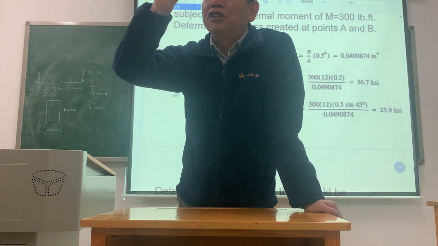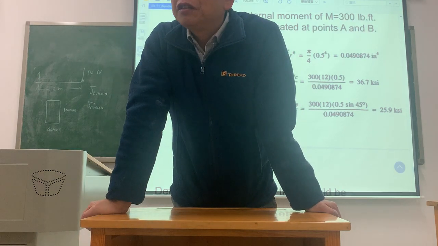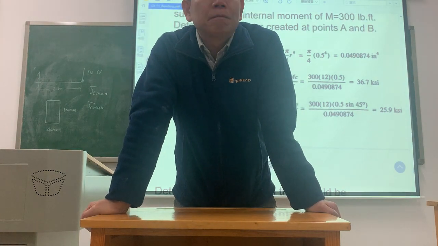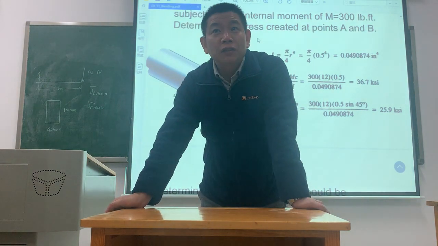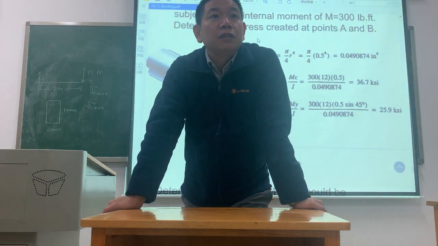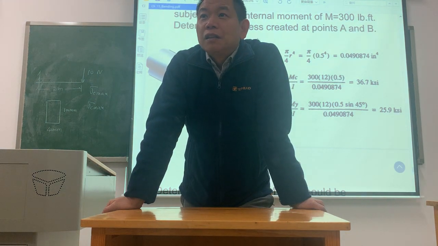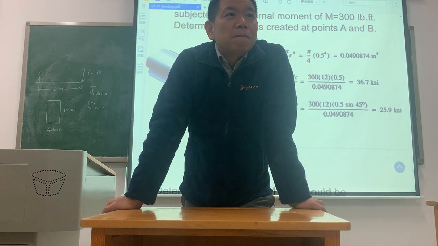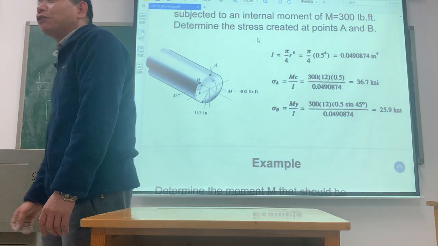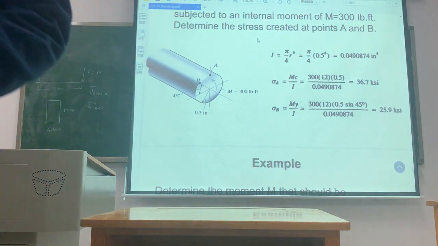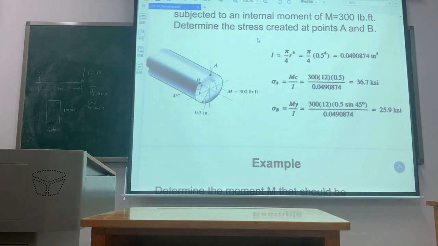Because concrete is weak in tension and strong in compression. Where is the maximum bending moment? At first, you have to find it. It's very easy.